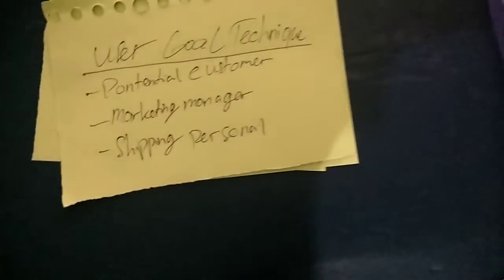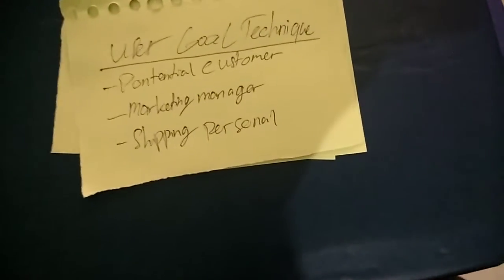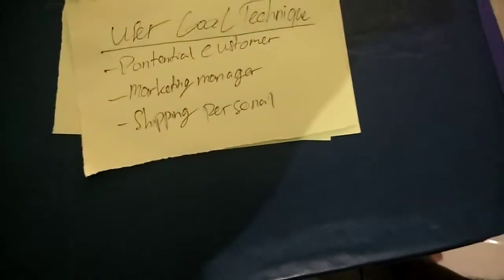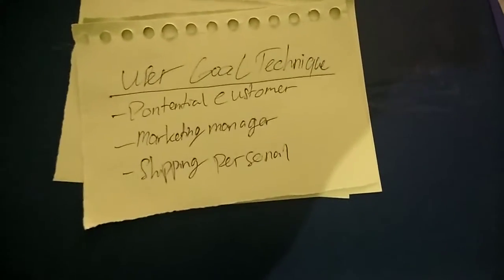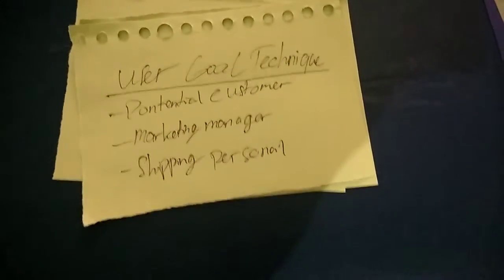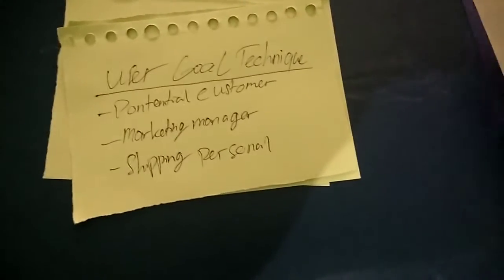For the marketing manager, the goals are to add or update product information and update promotions, like the product sales history report. Shipping personnel ship items, track the shipment, and create the item return.